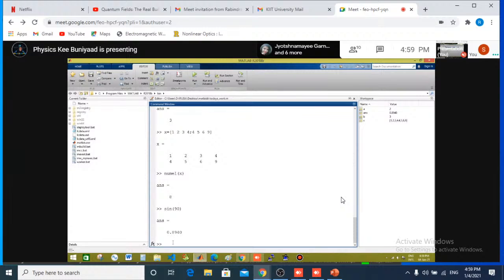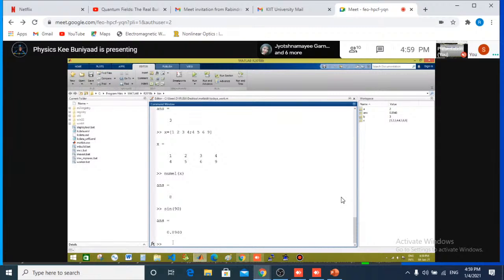If it is sine x, then x is in radian. For example, we saw now sine 90. You know sine 90 degree is equal to 1, but when we give sine 90, it is not equal to 1, it is something else.